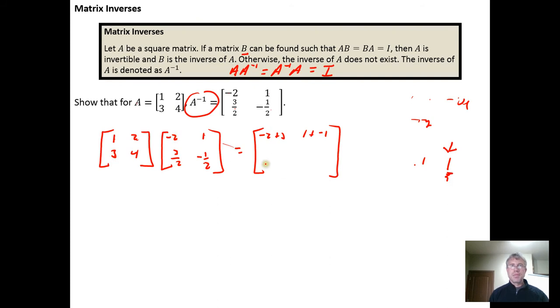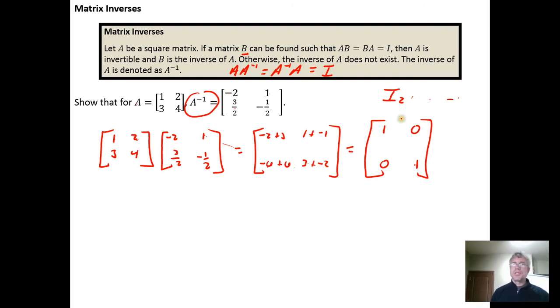So 3 times -2 is -6, plus 4 times 3/2 is +6. Then we get 3 times 1 is 3, plus 4 times -1/2 is -2. Then we simplify the entries: -2 plus 3 is 1, 1 plus -1 is 0, -6 plus 6 is 0, and 3 minus 2 is 1. So we get the 2 by 2 identity matrix, or I sub 2, which is the notation for the 2 by 2 identity matrix.